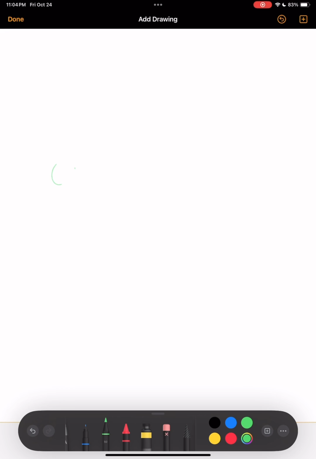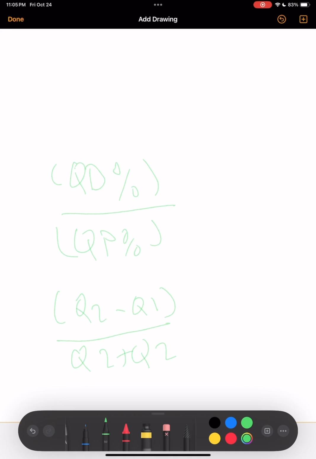So we can find the elasticity, and one way to find it is using the percent change formula, which is basically the percent change in the quantity demanded over the percent change in price.